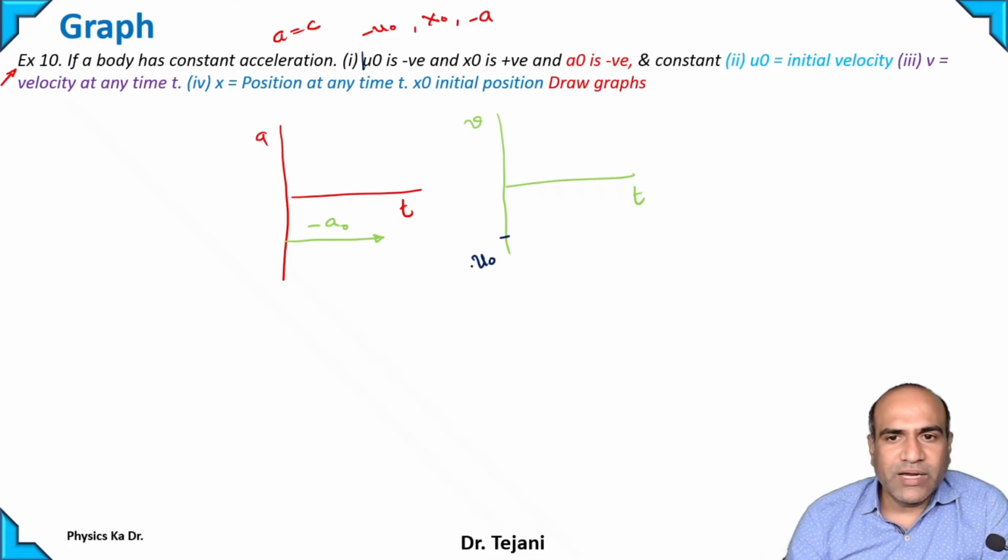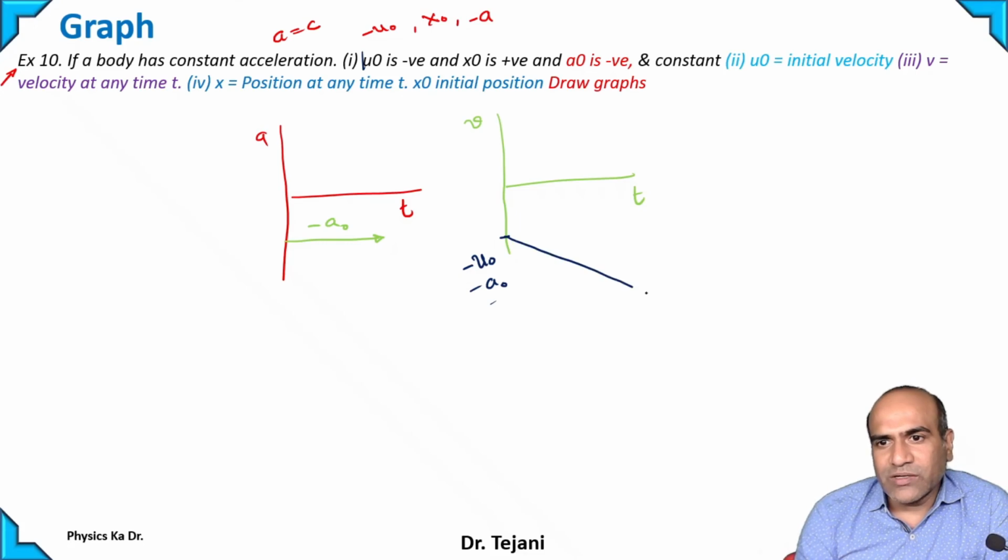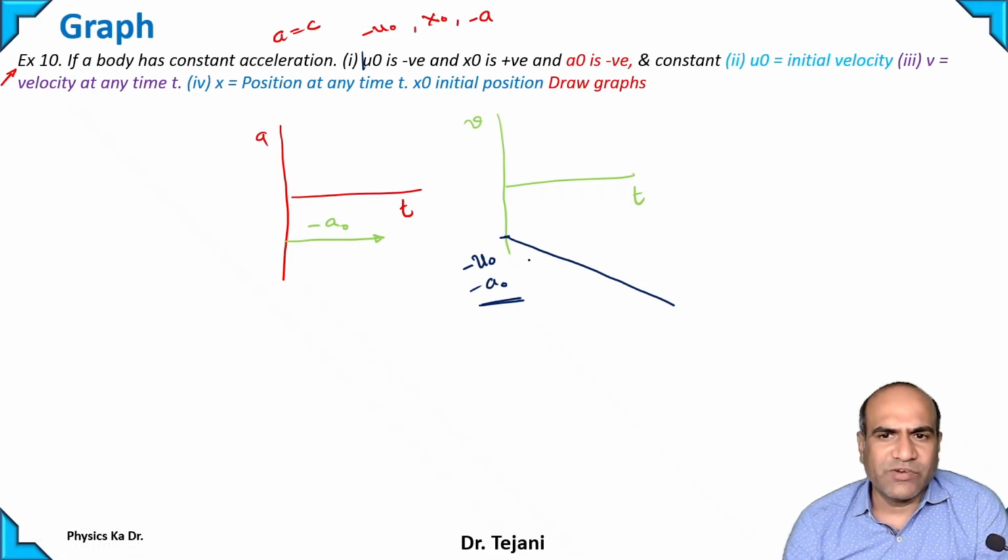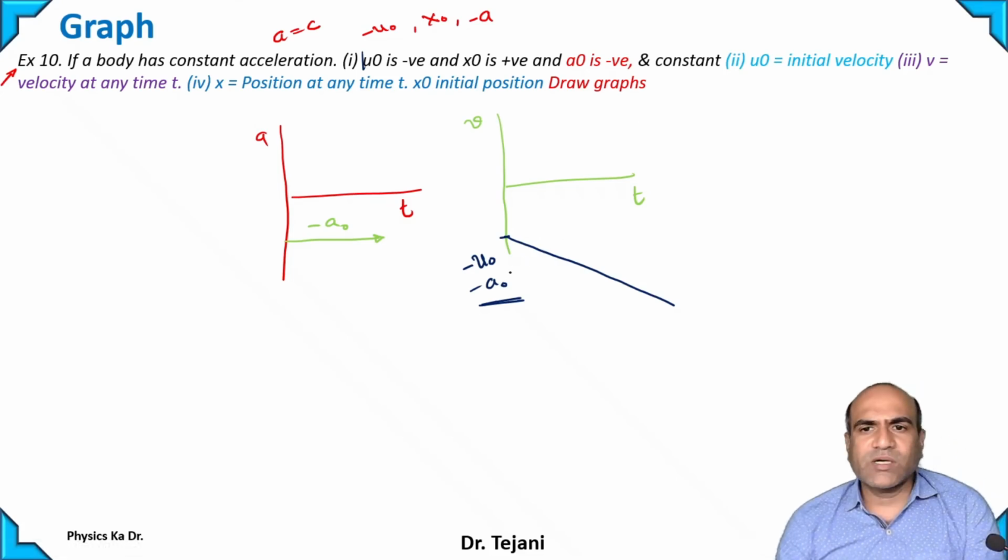Both are negative. That means velocity increases in the negative direction. Always simply, if it is minus a, go in the downward direction. If it is plus a, go in the upward direction. That is the simple logic we need to understand. So this is what we got.